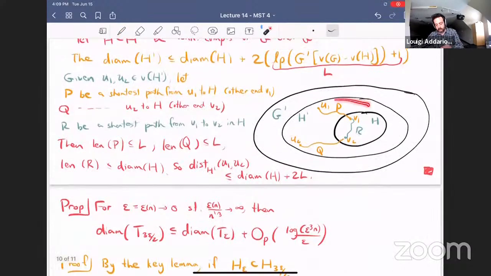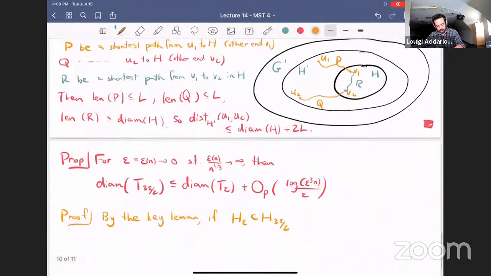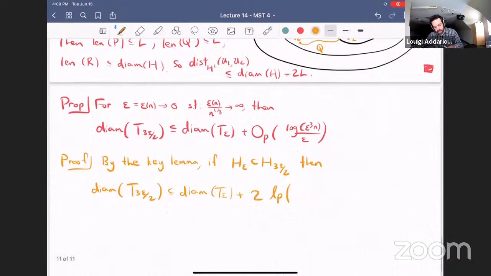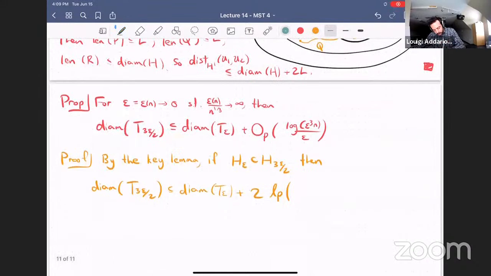We have to be growing the largest component. As long as that happens, then the diameter that we're trying to bound, at time 3 epsilon over 2, is at most the diameter of t epsilon plus twice the length of the longest path in a graph I'll call G. I'll just shorten it to G hat.